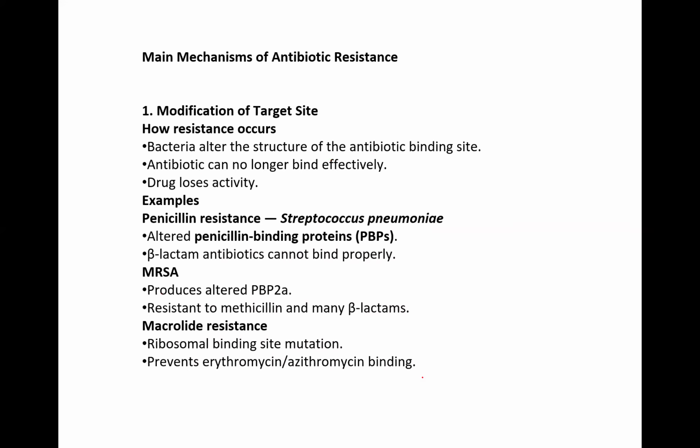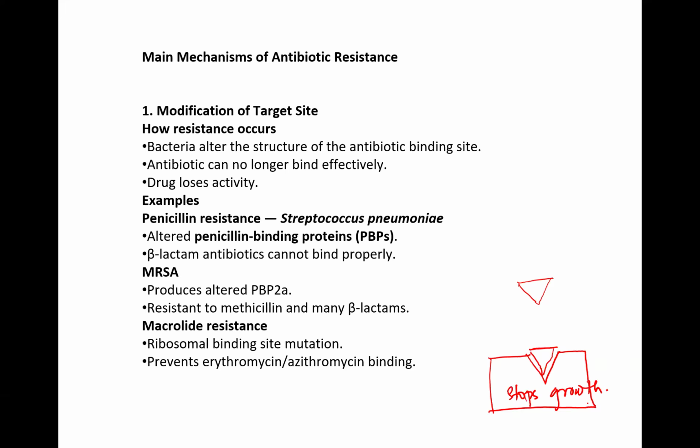Main mechanisms. The first one is modification of target site. So, in the bacteria, this is the antibiotic, and this is the antibiotic binding site. The antibiotic will come to the antibiotic binding site of the bacteria and stop growth.